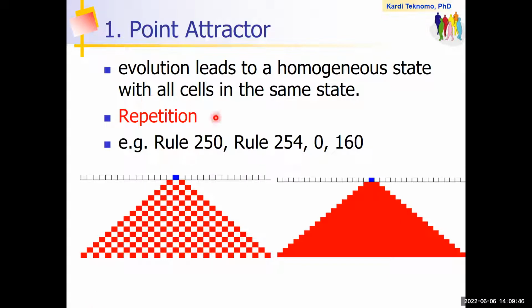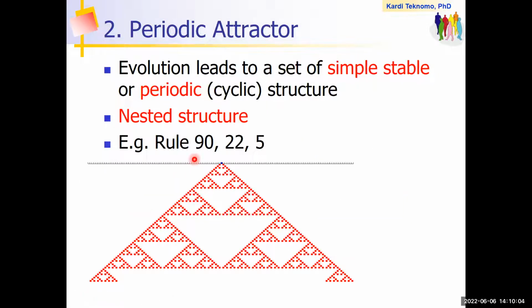Okay, so these are the example of the rules. If you do in Python, you can check on your own. These are the rules that I check. A kind of repetition, right? This is point attractor, and these are called cyclic or nested structure. So there is a periodic attractor.